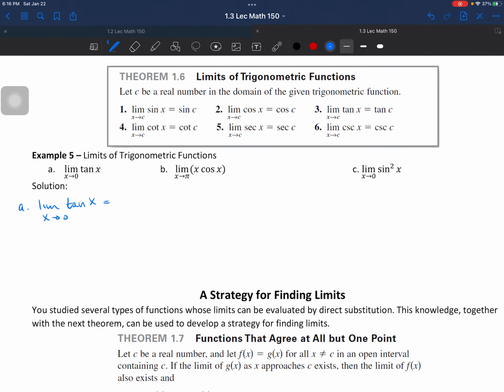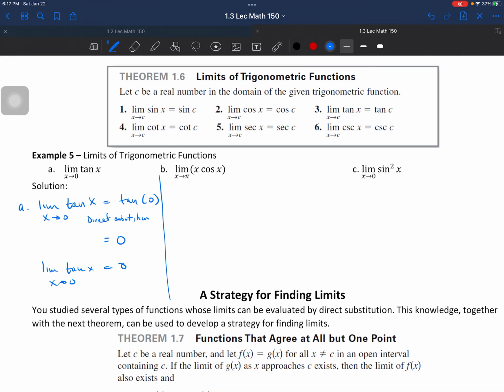So what are we going to do? We're going to do direct substitution. So that will be tangent of 0. What is the tangent of 0? Tangent of 0 is 0. So the limit of tangent of x as x approaches 0 is 0.